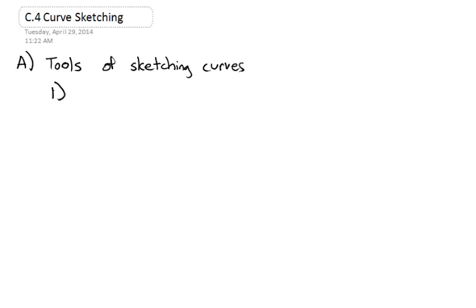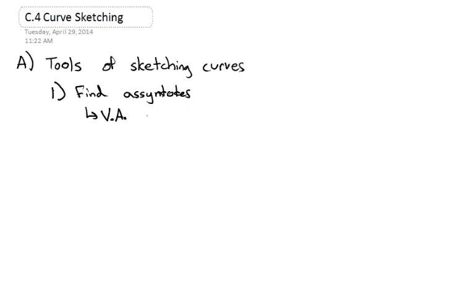And so to help us with this goal, we're going to look at several tools that we have seen thus far of sketching curves. First thing we've seen that we can do is we're going to work to find any asymptotes. We have a vertical asymptote, I'm going to abbreviate it VA.